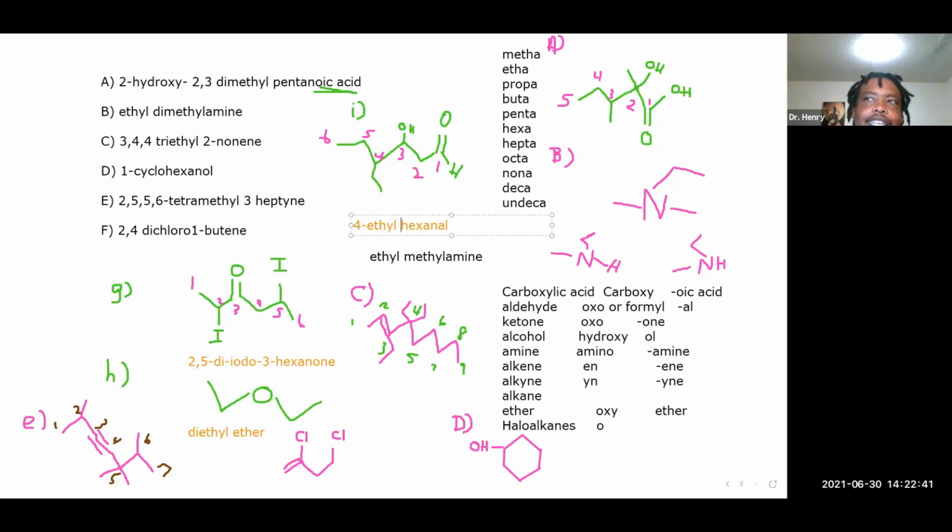What is 3? 3 is hydroxy. Okay. So 4-ethyl-3-hydroxyhexanal.